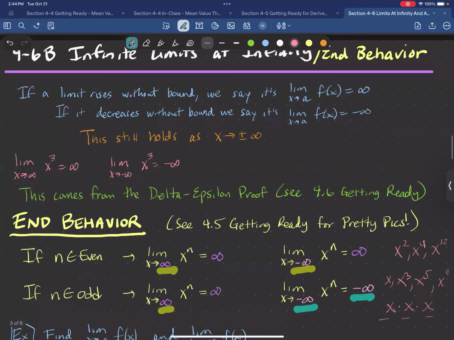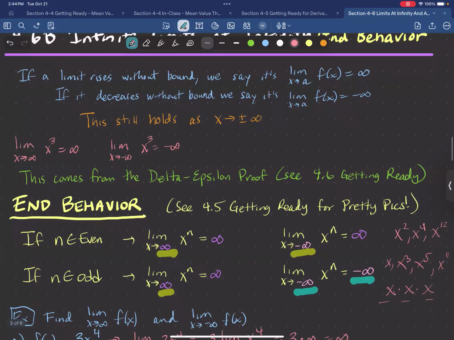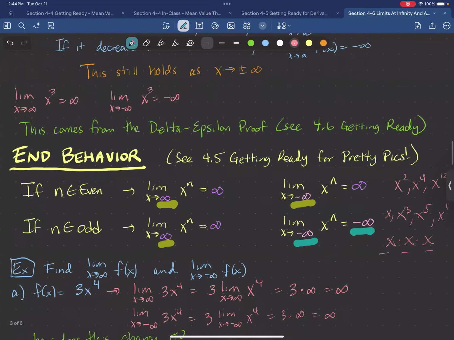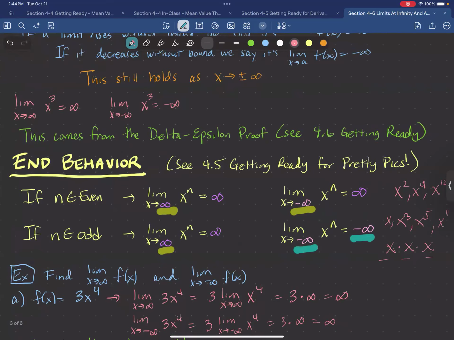So we can take advantage of this stuff. Let's find the limit as x goes to infinity and negative infinity of f of x. Let's say f of x equals 3x to the 4th power. So doing limit as x goes to infinity, remember how limits work? We can actually pull the coefficient out. It's not necessary, but I wanted to do it just to remind you.